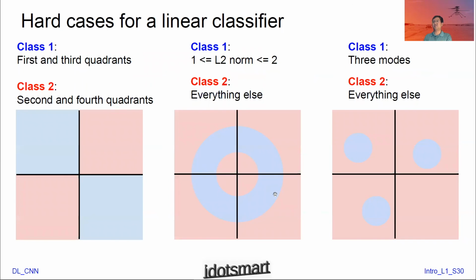For example, if you have two different classes located in different quadrants, it's hard to draw one line as a boundary. Same thing if you have one class on a ring and another class outside the ring; that's also hard to separate with a linear boundary. A similar situation applies in the right figure.